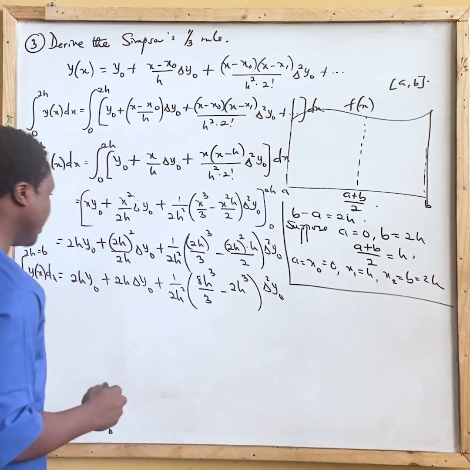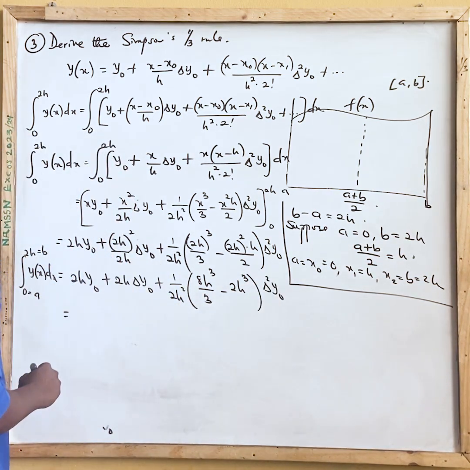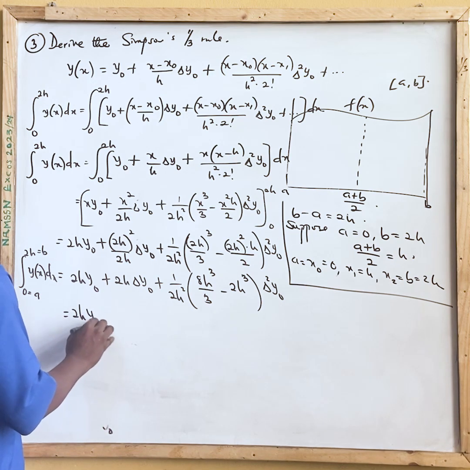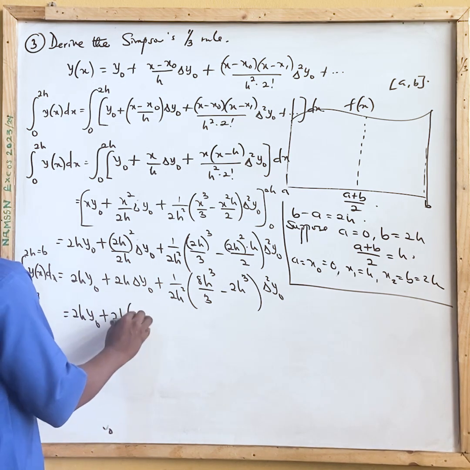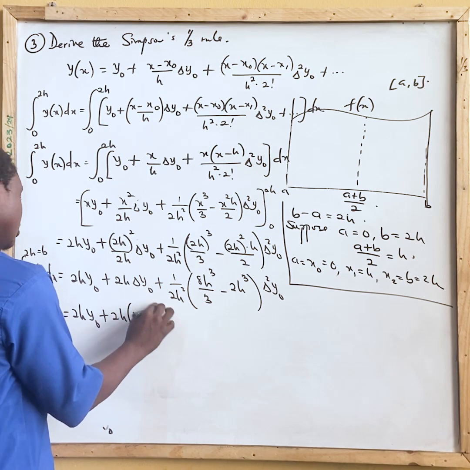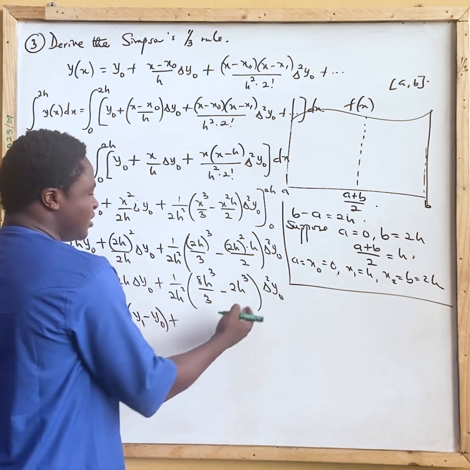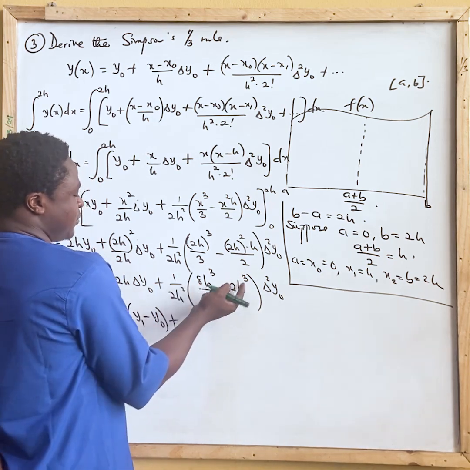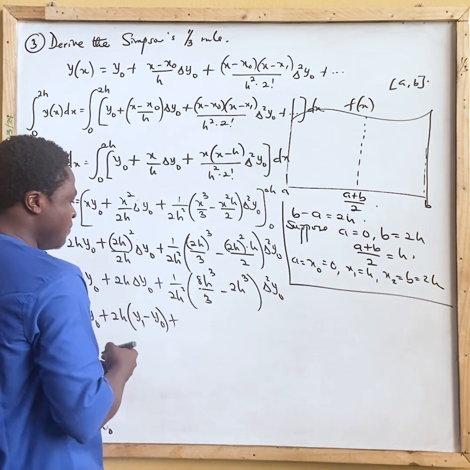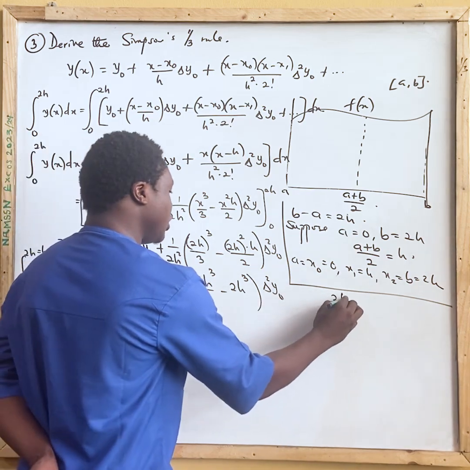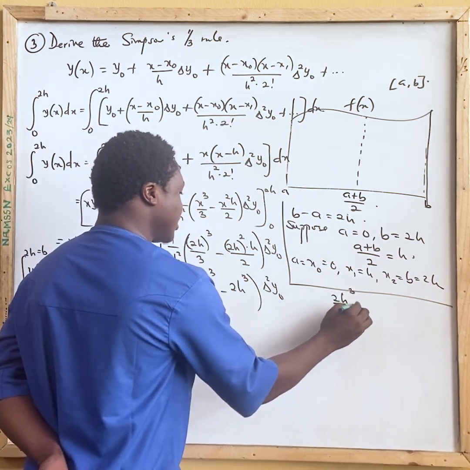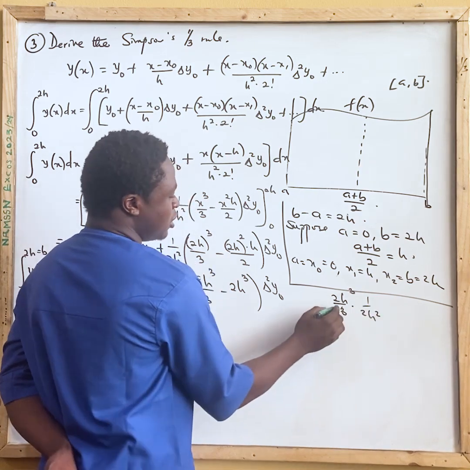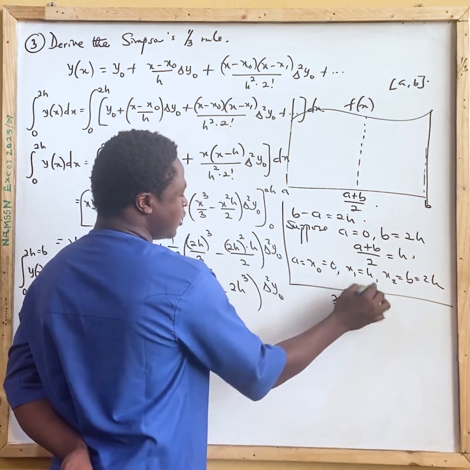So if we simplify again, we know from our forward difference operator that this forward y naught can become y1 minus y naught. So I have this to be 2h y naught plus 2h into (y1 minus y naught) plus, everything I'm seeing here should be 2h cube over 3, because I'm having 8 minus 6 over 3. 2h cube over 3 times 1 over 2h square: 2h square can go with 2h, and I have h over 3.